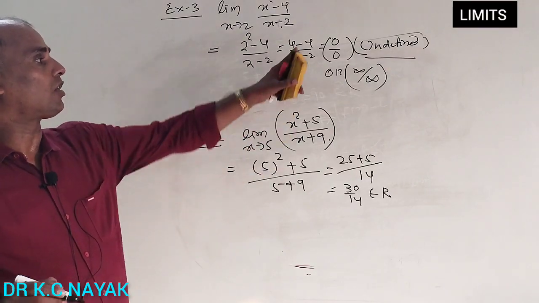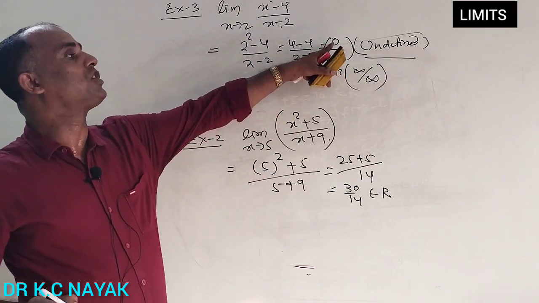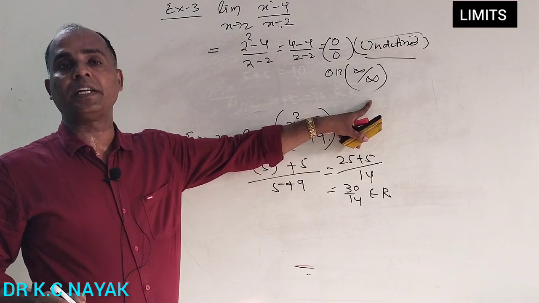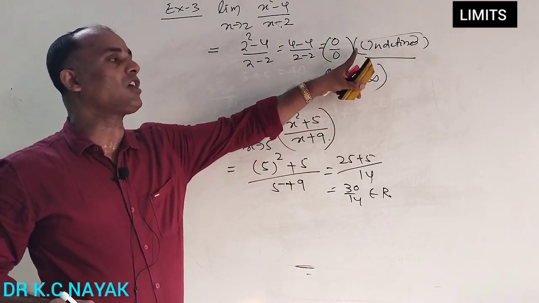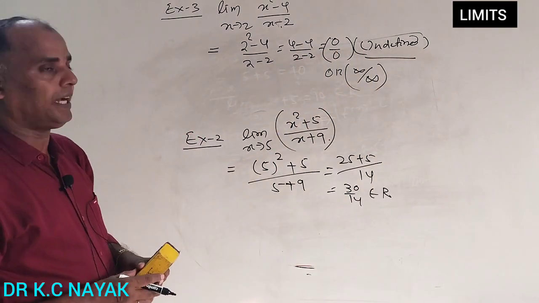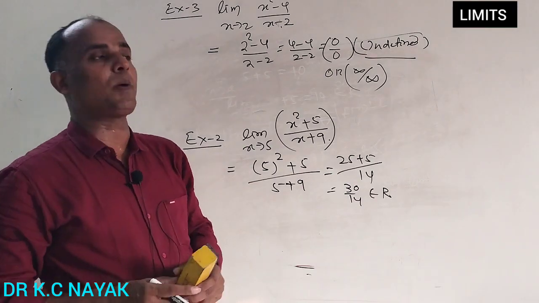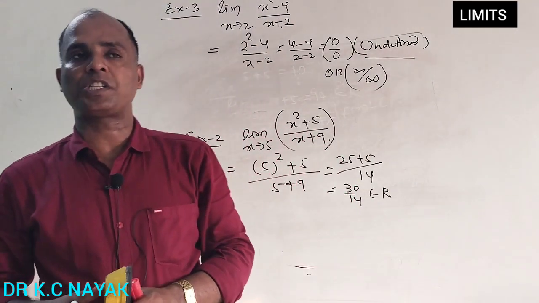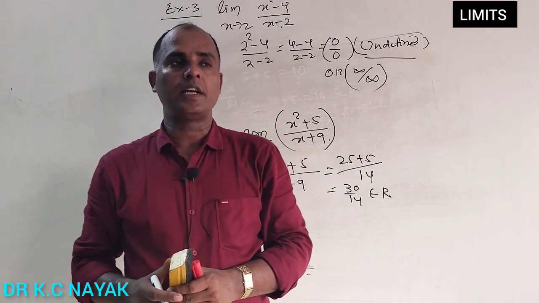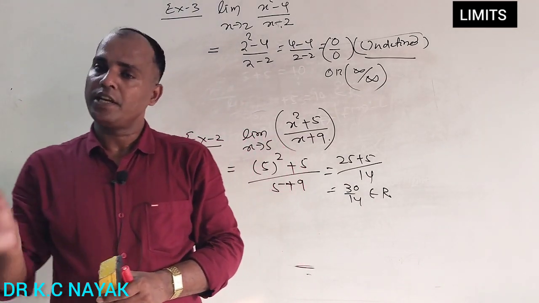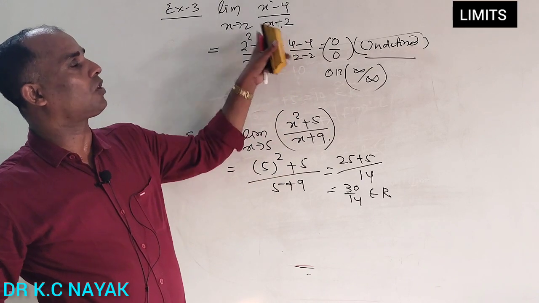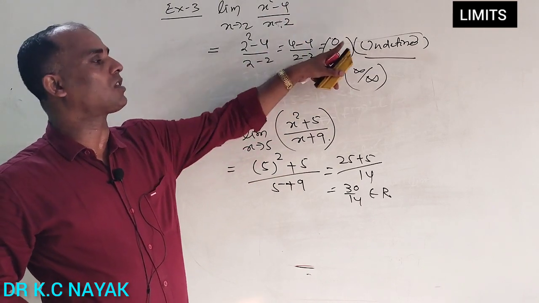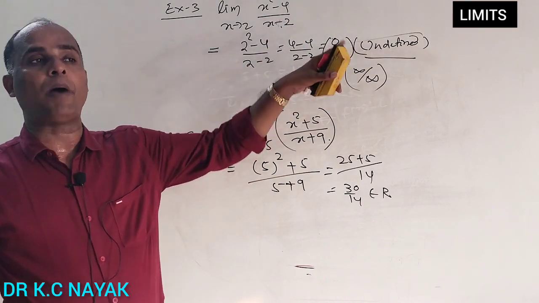That is why the result should be a real number. But 0 by 0, infinity by infinity is not a real number, it is undefined. If it is undefined, it does not satisfy the concept of a function. A function has a domain value and a range value. But this function has a domain value, but the range value is not defined.